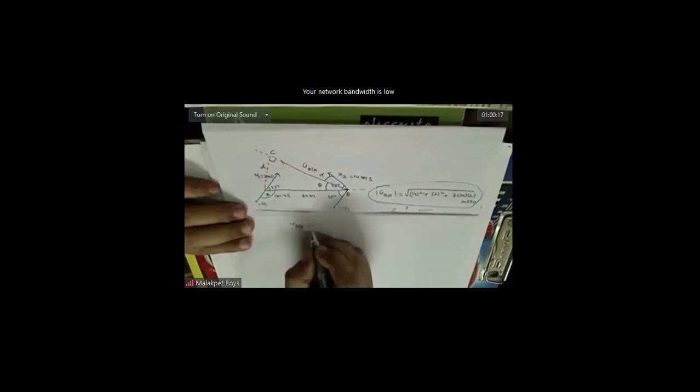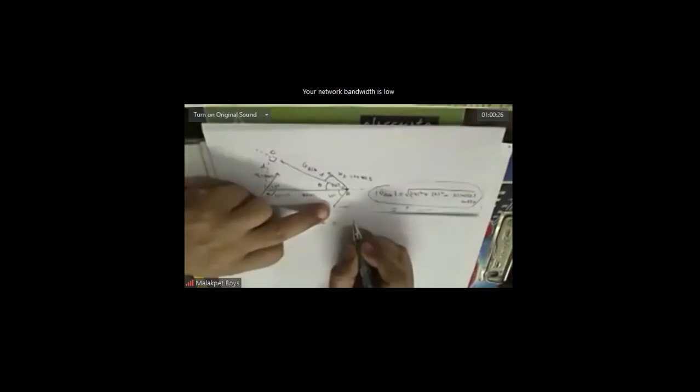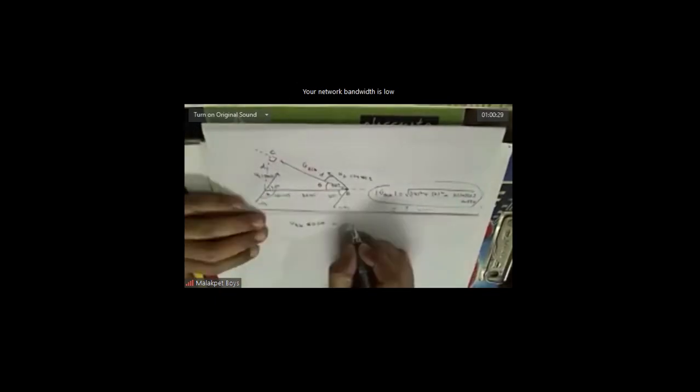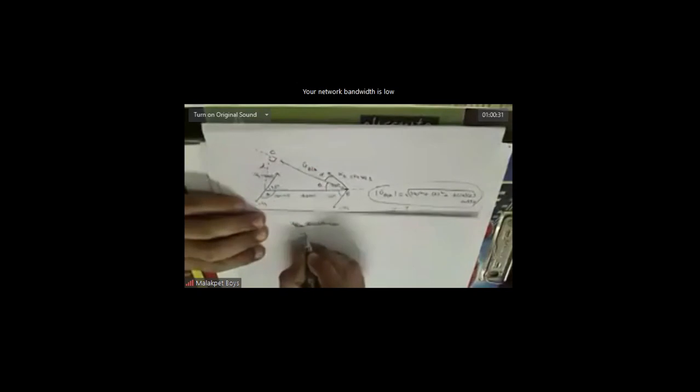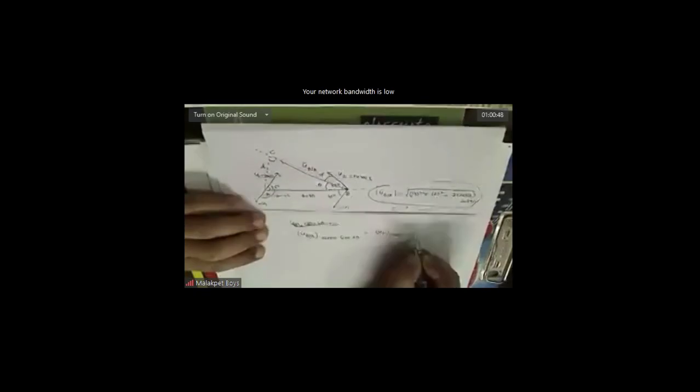So what I'll do now, UBA cos theta, if you take, that means the contribution of this along this is nothing but the component of this along this. What I'm writing, try to understand. UBA along AB consists of U2 along AB. For explanation purposes I am writing; next time you should do it straight away.